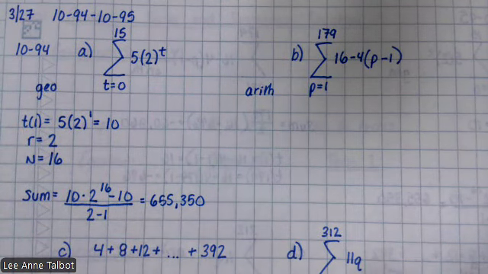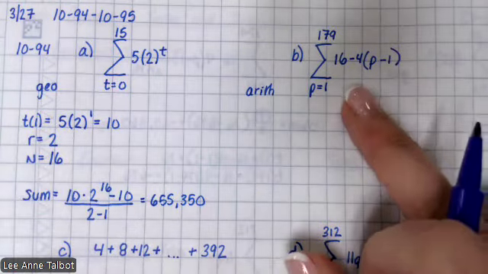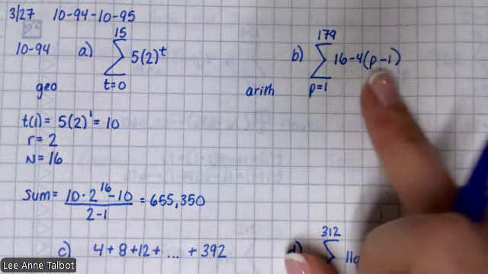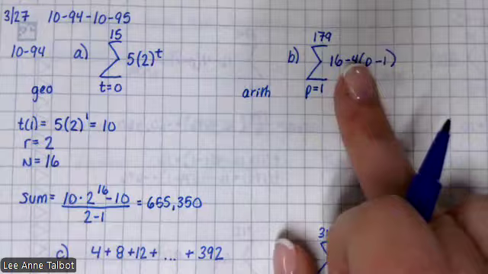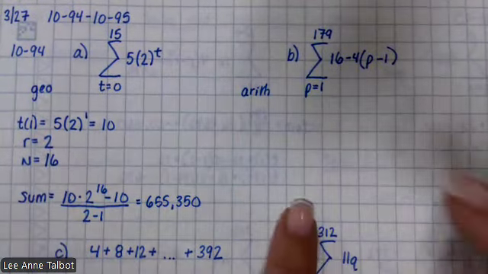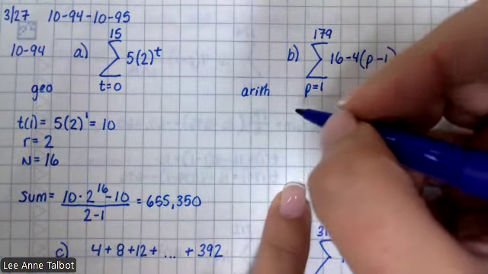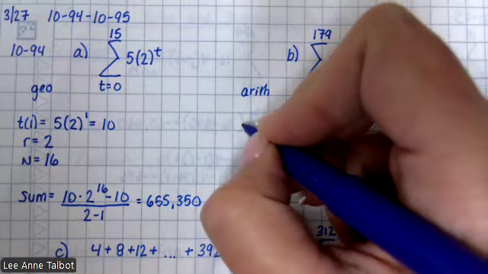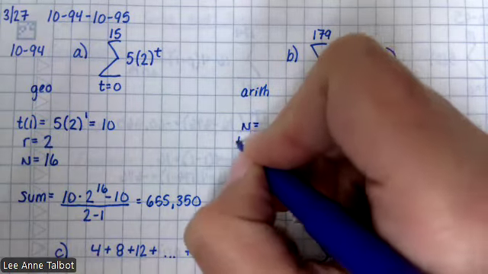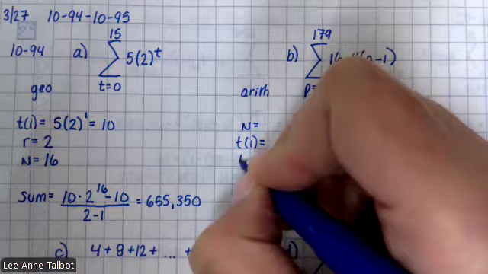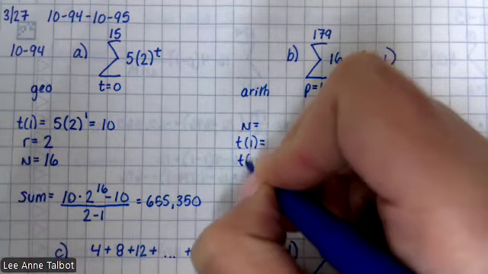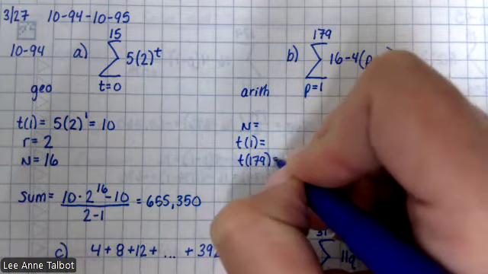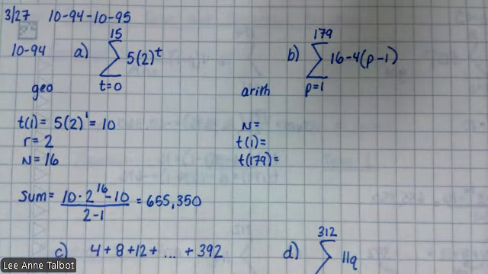Okay. B. B is arithmetic. I can tell because there's no exponent in my equation. And arithmetics, they require n, the first term, and the last term, which in this case is going to be term 179.